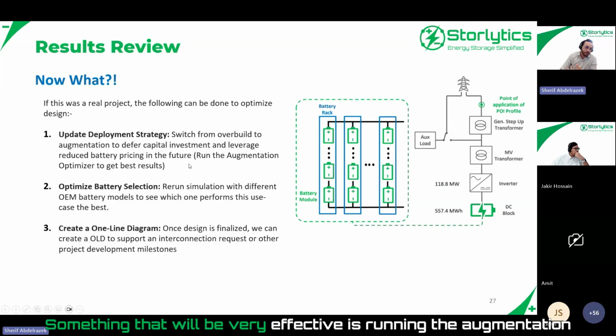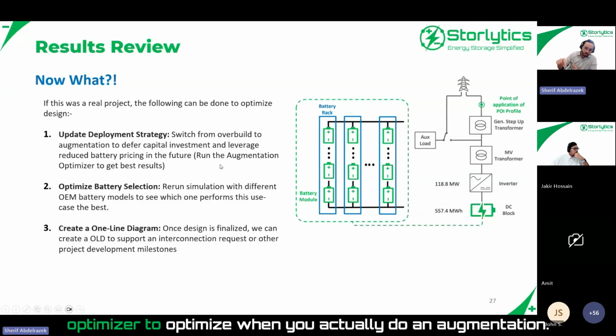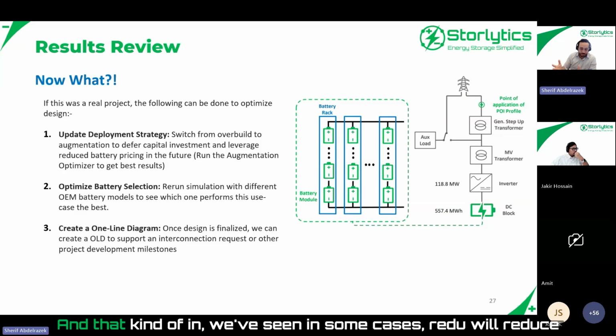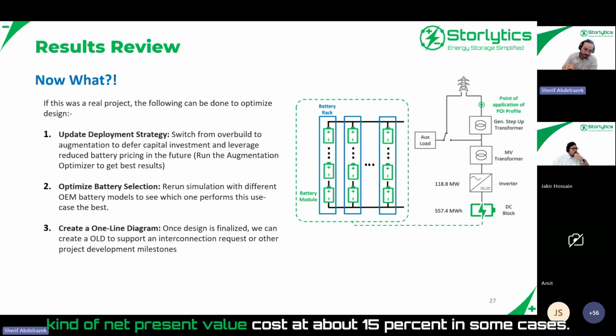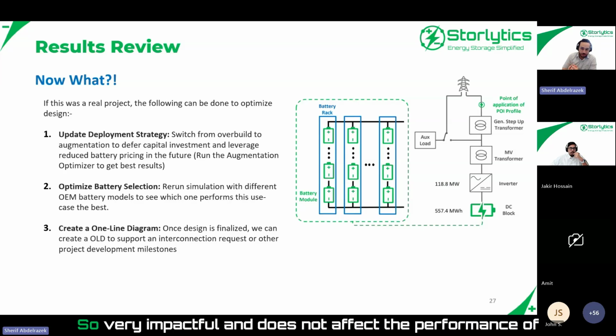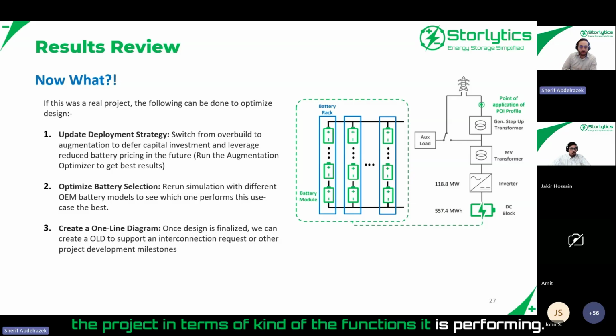Something that will be very effective is running the augmentation optimizer to optimize when you actually do an augmentation. We've seen in some cases that will reduce net present value cost by about 15%, so very impactful, and it does not affect the performance of the project in terms of the functions it is performing.